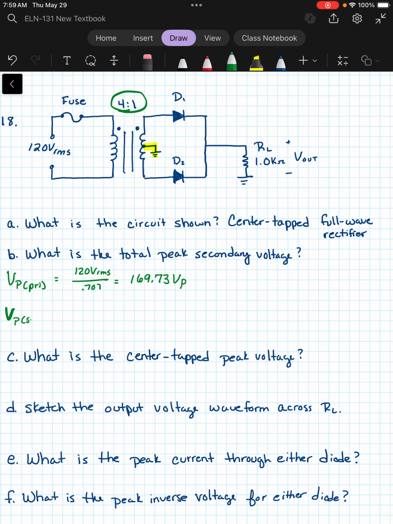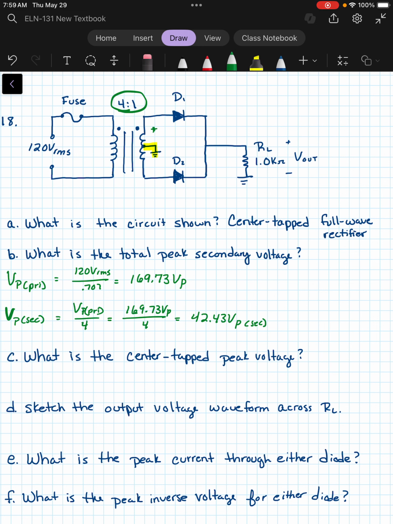And then the V peak of the secondary will be V peak of the primary side divided by 4. So 169.73 divided by 4, and we get 42.43 volts peak, and that is, of course, the secondary peak voltage.